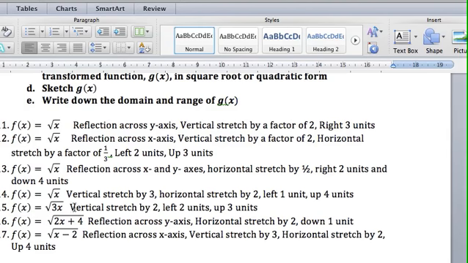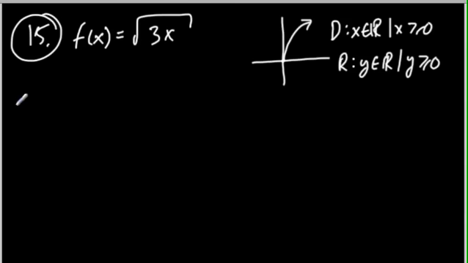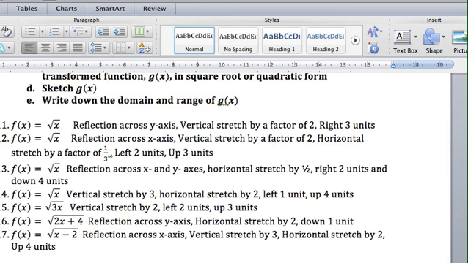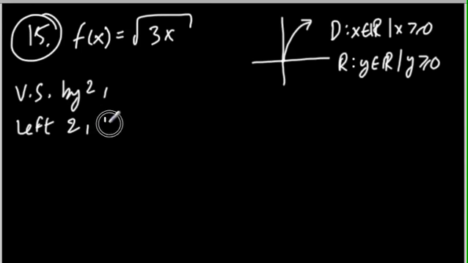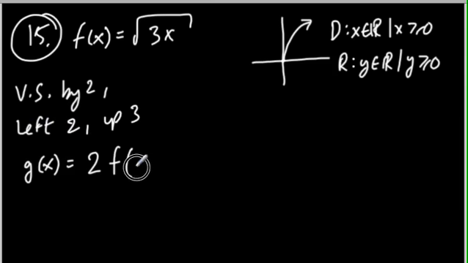Let's look at the transformations again. A vertical stretch by 2, left 2, up 3. So g of x would look like 2 of f of x. There's no reflection, so no negatives. F of left 2, so it's going to be x plus 2, right?